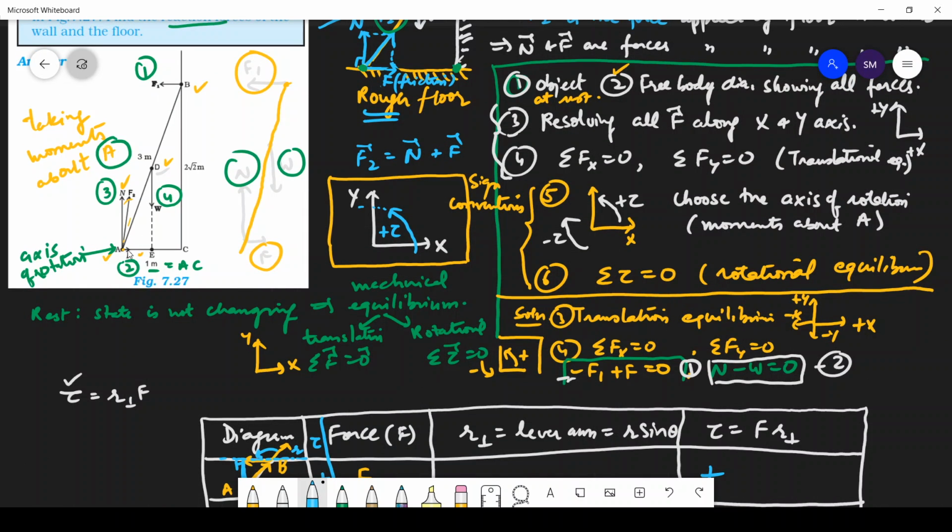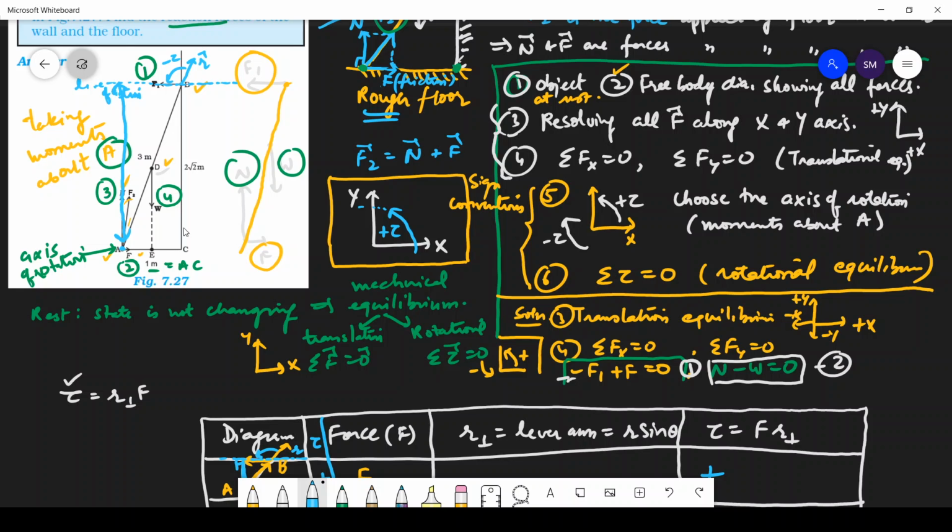So in this figure, this is your point A, this is your direction R, so this was your direction of tau, positive tau. Now what is R perpendicular? This is your line of action of the force. The perpendicular distance between the axis of rotation and the line of action is what we take.